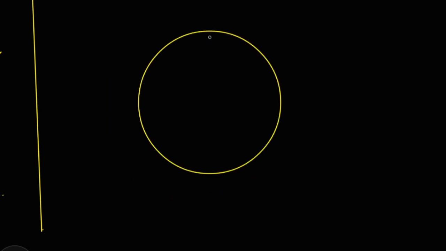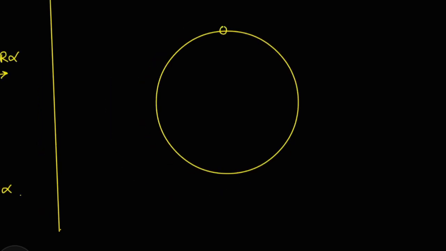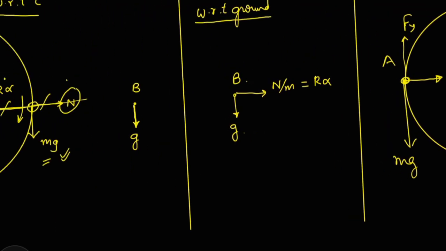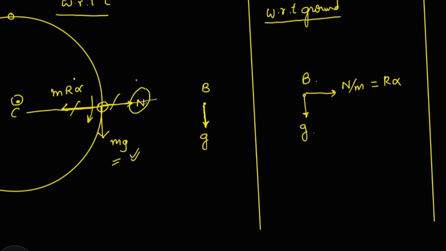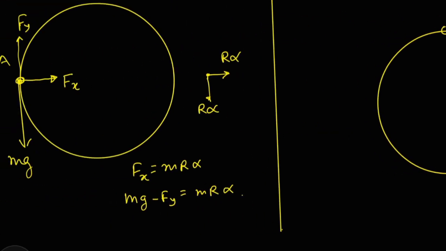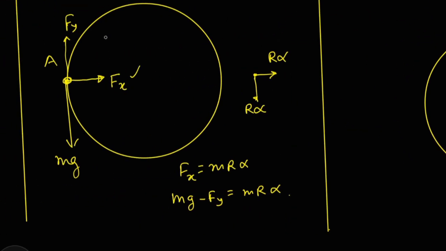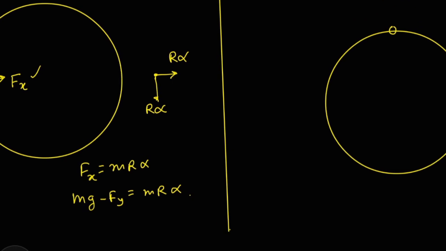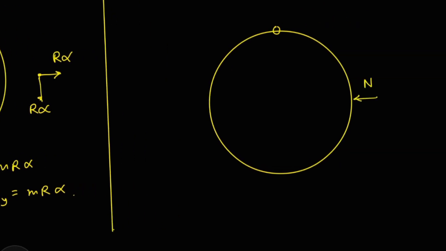Now we'll consider the forces on the ring. So, due to B, the ring is exerting a force N on B, so its action reaction will be on the ring. The ring is exerting Fx and Fy on A, so its action reaction will act on the ring.